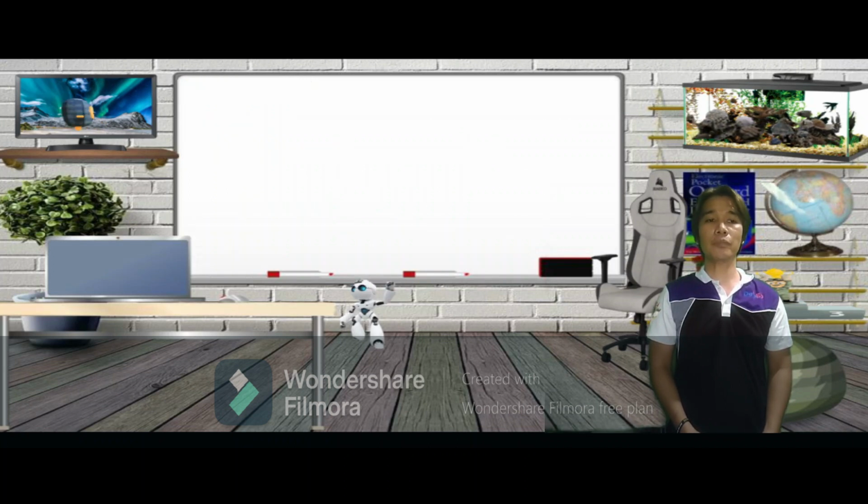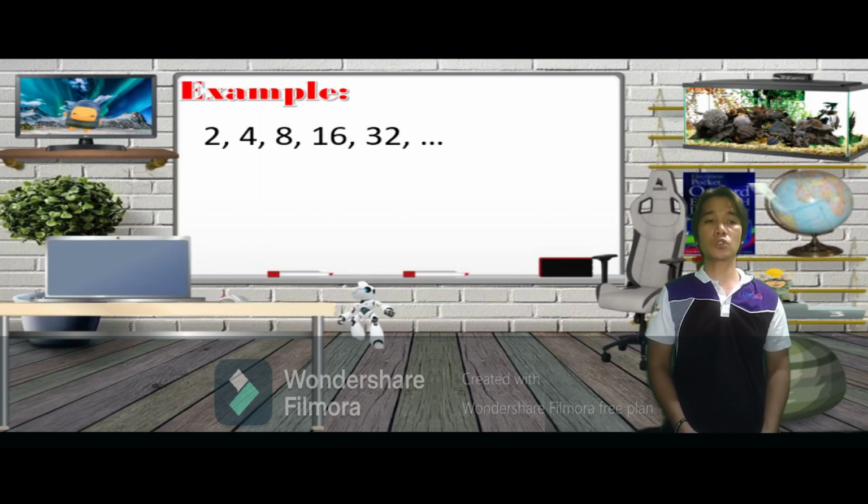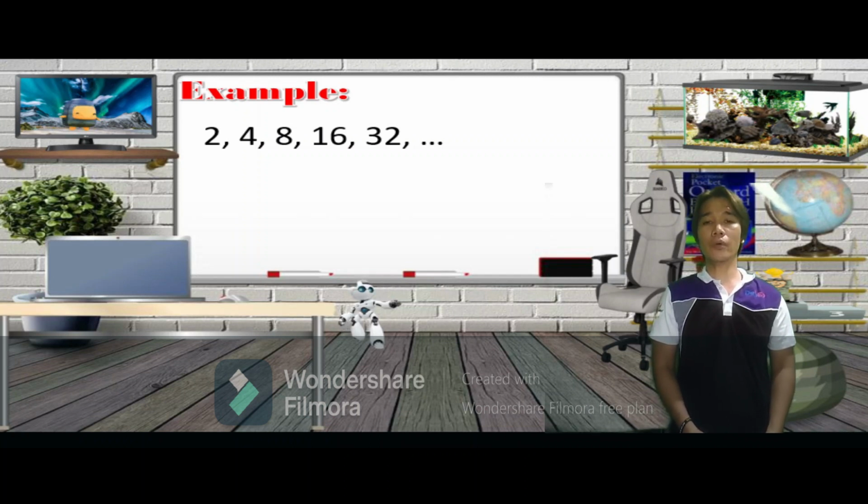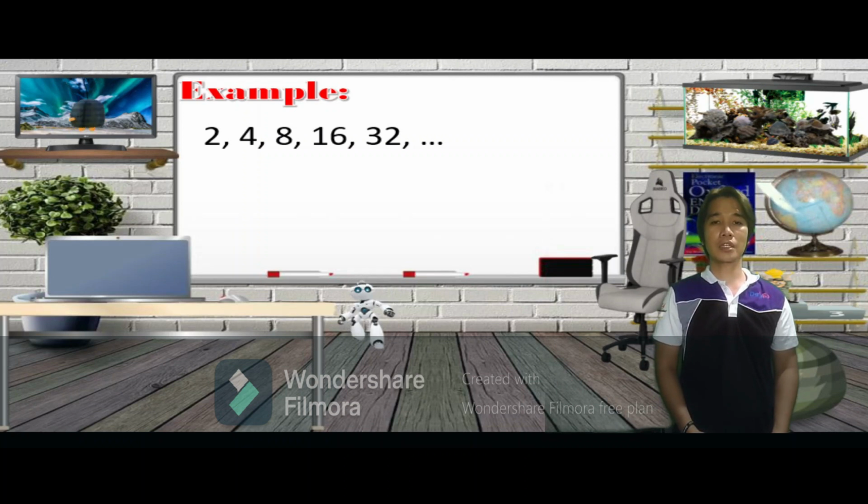For example, we have here a given geometric sequence which is 2, 4, 8, 16, and 32. Based on our definition, we get the succeeding term by multiplying the previous term by a fixed number called the common ratio. So, what do you think is the number that is being multiplied to the preceding term to get the succeeding term?